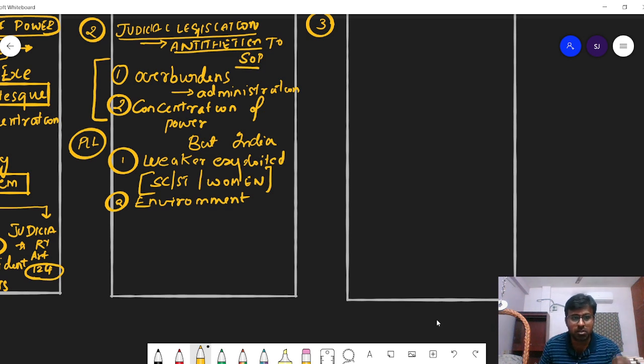In that justification, just by writing because weaker sections are there and the environment is exploited, it will look good. But if you give a constitutional angle, what does constitutional angle mean? Because of this exploitation, the Supreme Court has devised a methodology called public interest litigation.